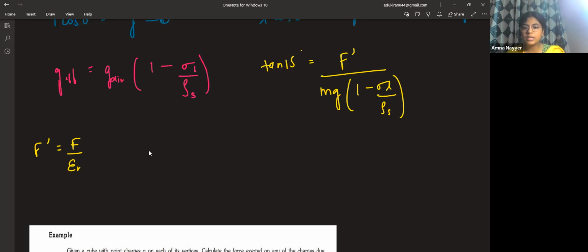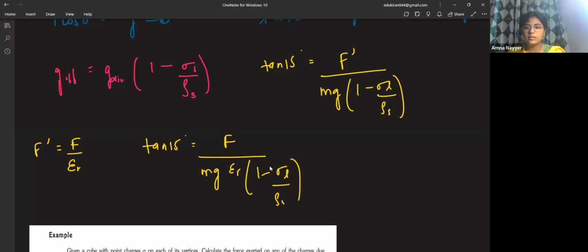So when you will use this formula, your tan 15 degree will become force divided by mg, times epsilon r or epsilon in any medium, 1 minus sigma liquid by rho solid. This is the formula that you have. And this entire apparatus, this term, this is the formula of force. This is equal to tan 15 degree.